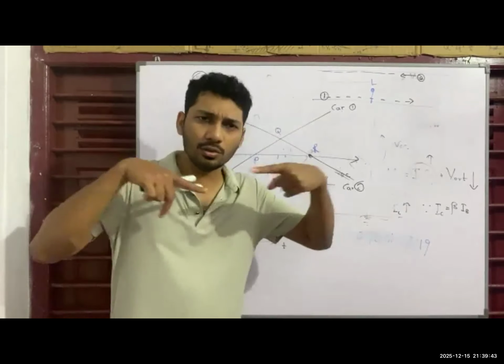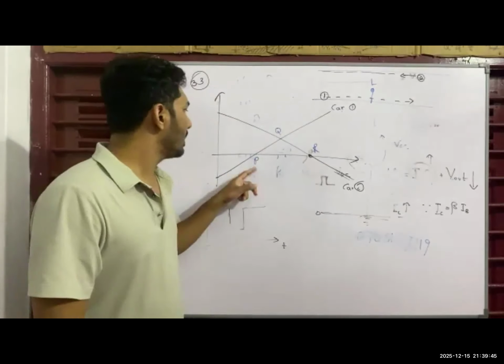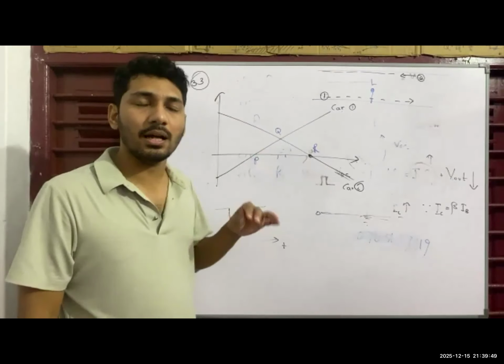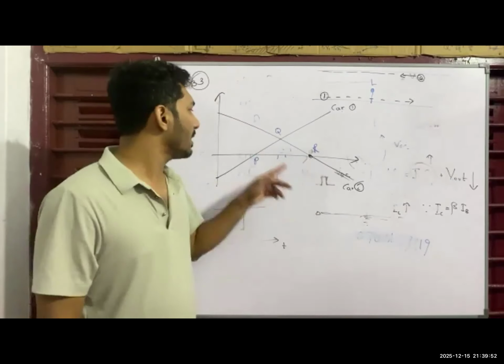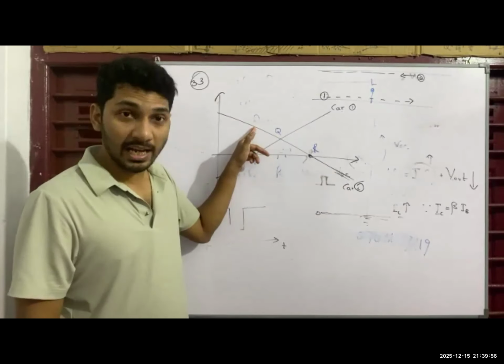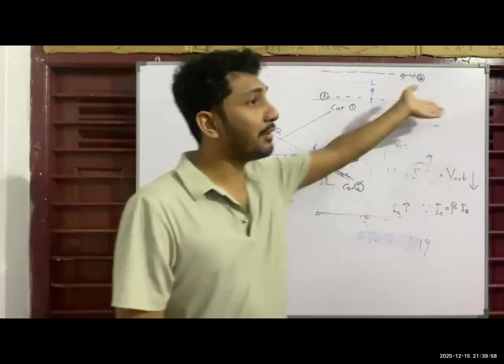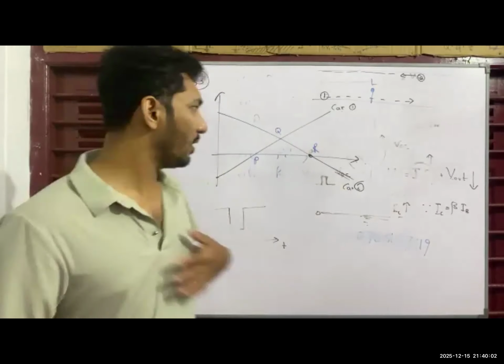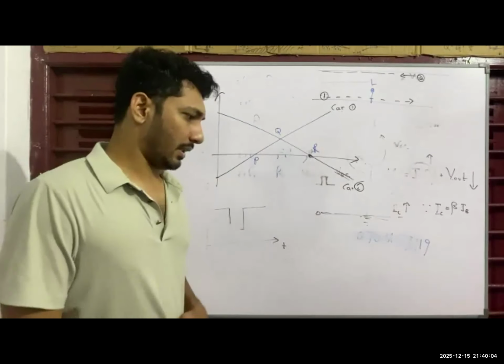Crossing happens when you come to the same point. At point P, car 1 is crossing the lamp. But at the same time, car 2 has a displacement, meaning it is away from the lamp. So how can they cross? They can't cross.